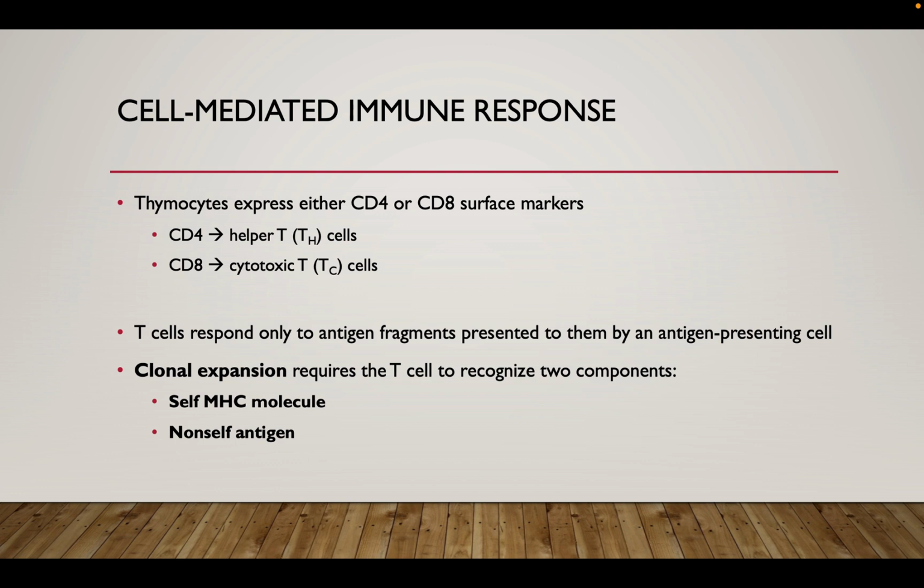So you've got to have this dual recognition, and this idea of recognizing something self and something foreign or non-self helps to reduce the likelihood of an autoimmune response occurring and us attacking our own normal self cells.